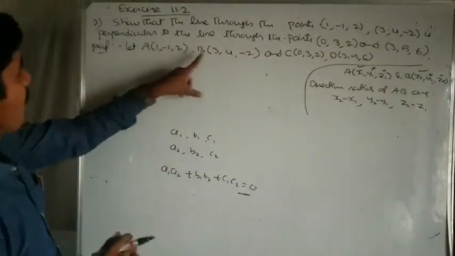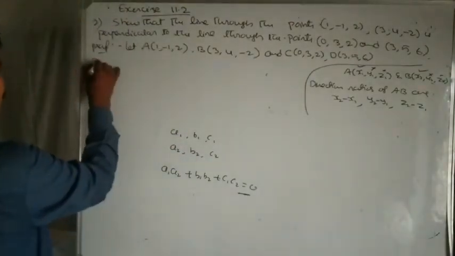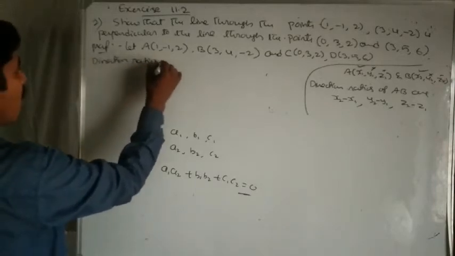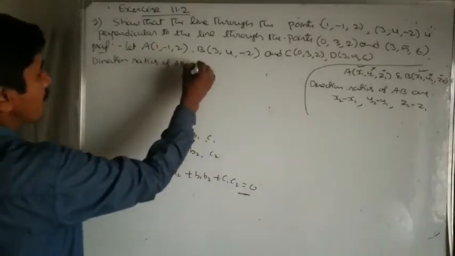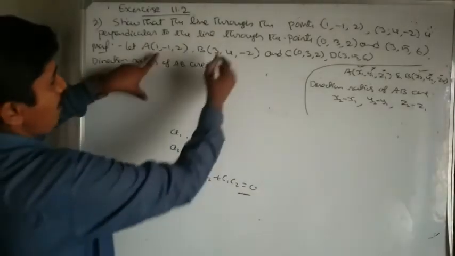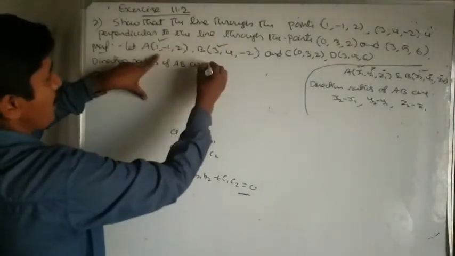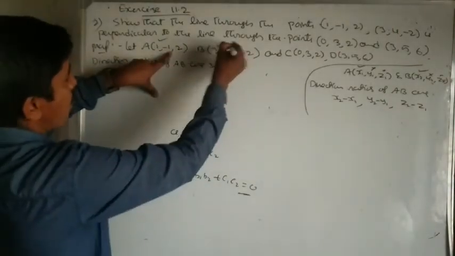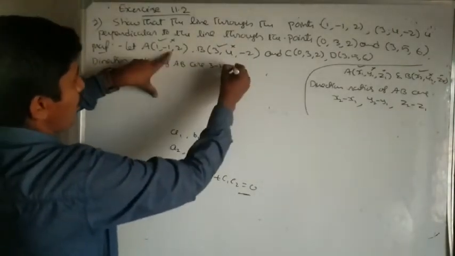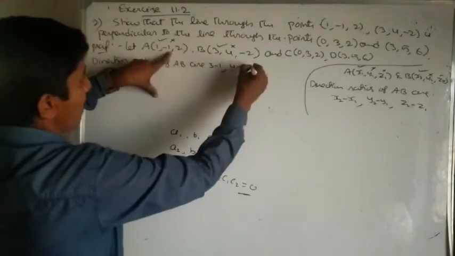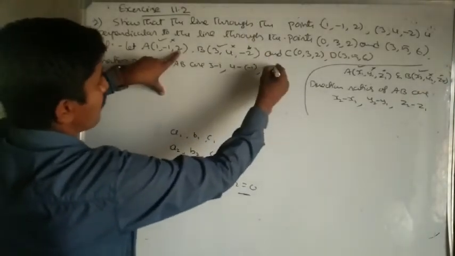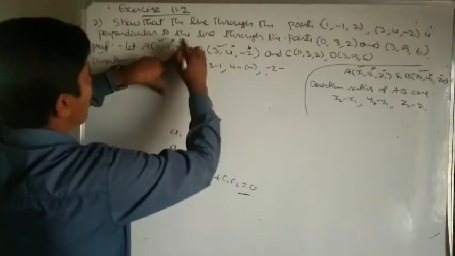First I am going for the direction ratios of AB. The direction ratios of AB are the difference of the x coordinates 3 minus 1, the difference of the y coordinates 4 minus of -1, the difference of the z coordinates -2 minus 2.